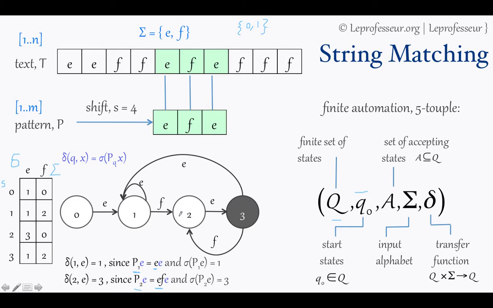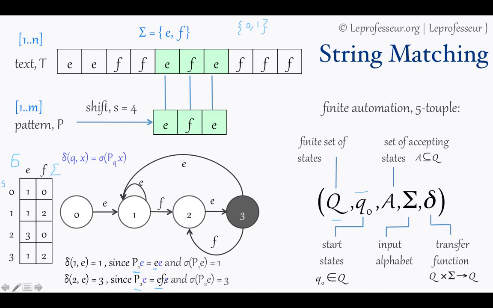So, for example, let's say delta of 2 and E, where 2 is the state and E is the input character, is equal to 3. What it means is that P2 is E and F, we have read the characters E and F, and the input character is E, so that would become EFE.